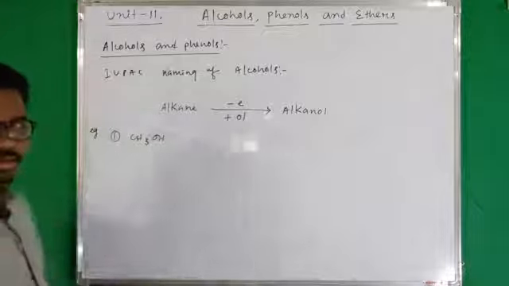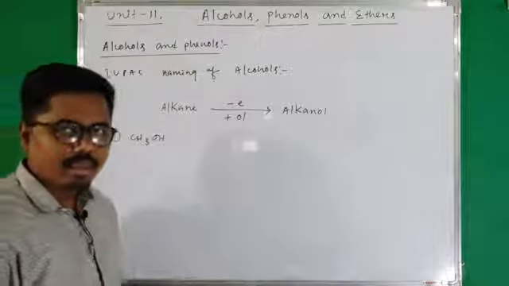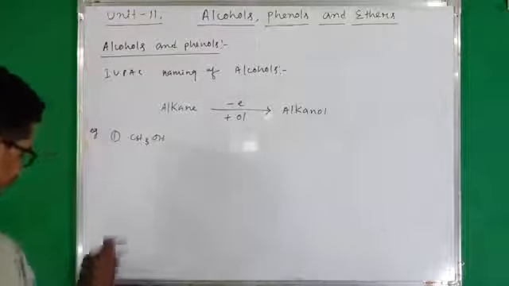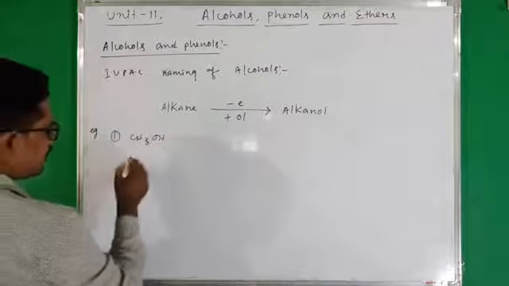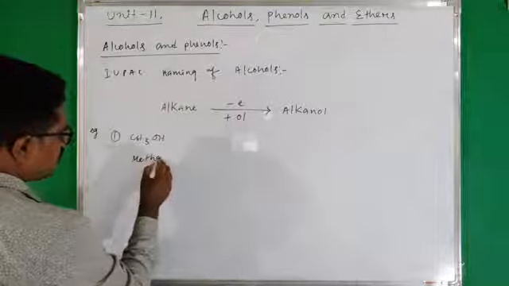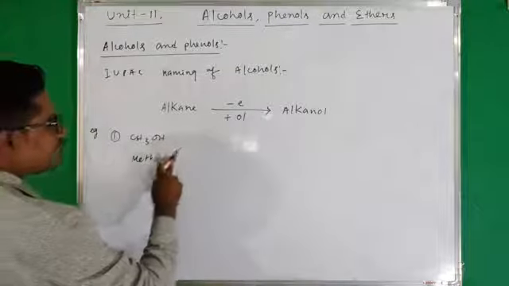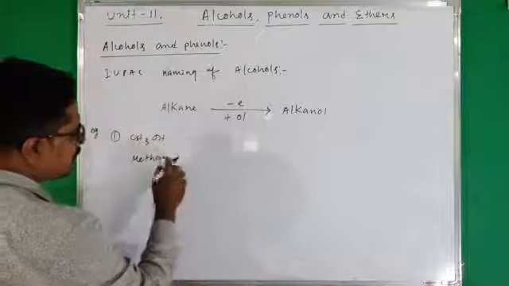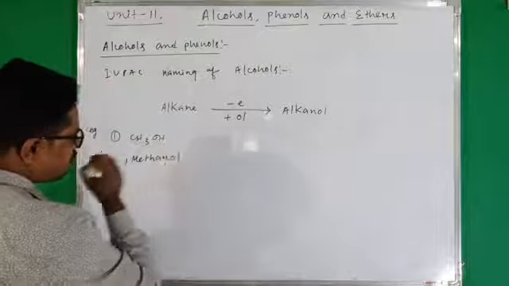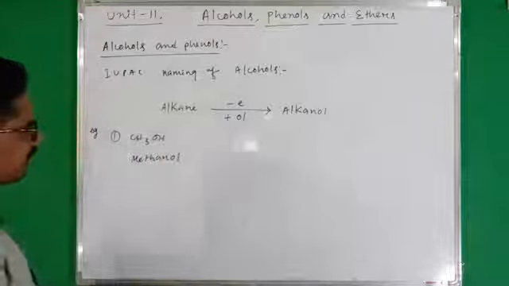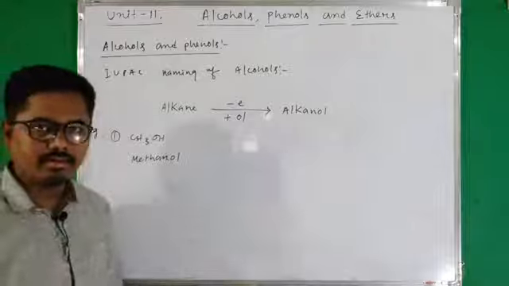Okay. As for example, number 1, CH3OH. This one is the simplest alcohol, and since one carbon atom is present, the hydrocarbon is methane, but in this case we have to remove the E and then add OL. The name of this compound is methanol.